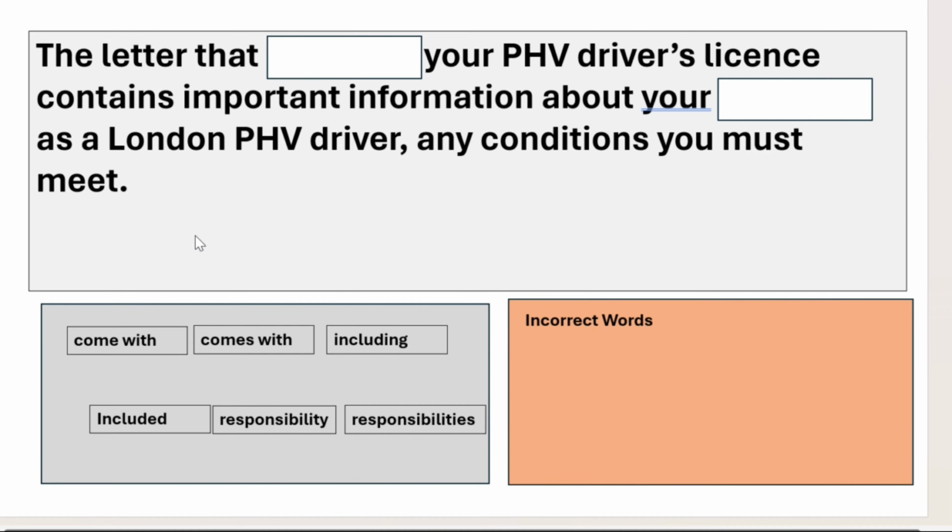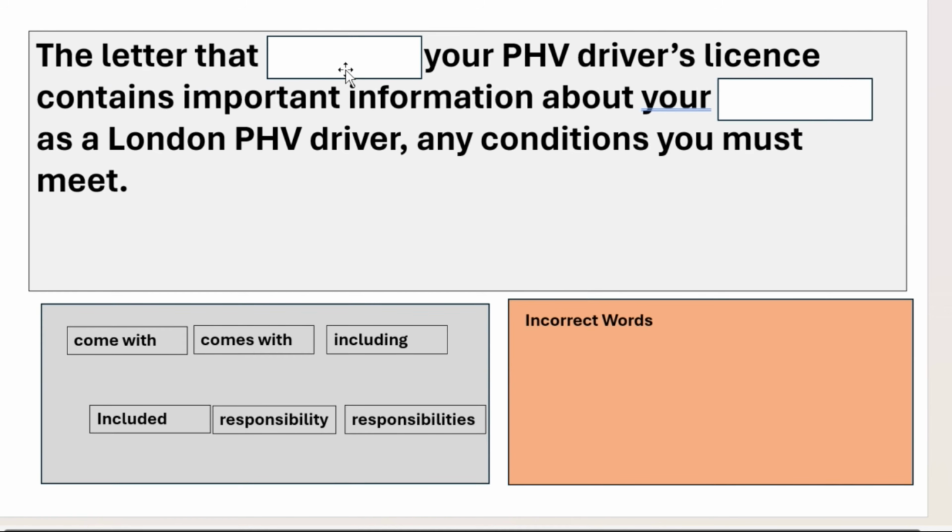The first thing is you need to read the question, and we did. Then focus on individual questions. The first one is this: the letter that gap your PHV driver's license contains important information. Okay, we can stop here. This line will help us find the correct answer.